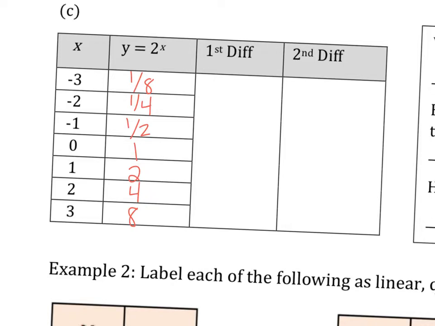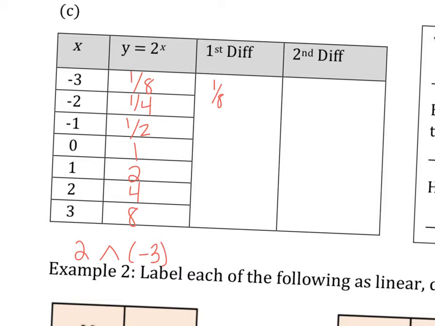And so to type that in your calculator, you're just doing the 2 caret, and then whatever your number is in parentheses, or depending on what calculator you use, you might not need those parentheses. But that's how I did each one of those to find that number. And then to find the differences, we're going to do 1/8 minus 1/4, which is 1/8.